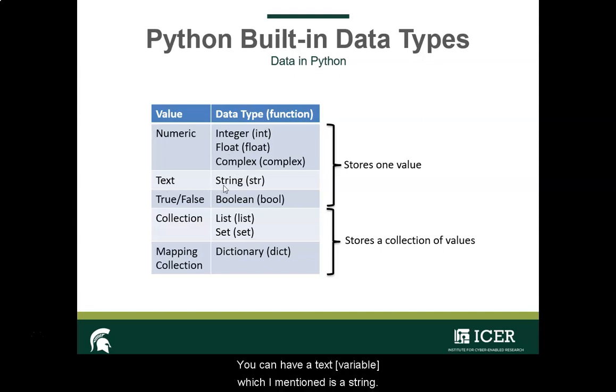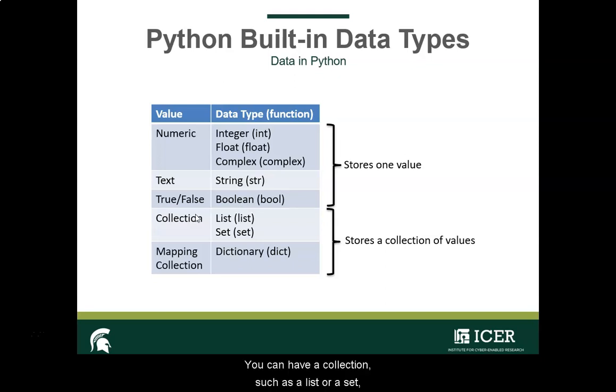You can have a text, which I mentioned is a string. Think hello world. You can also have a Boolean, which is simply a binary 1 or 0 based on true or false. The numeric, text, and Boolean data types all store one value per variable.